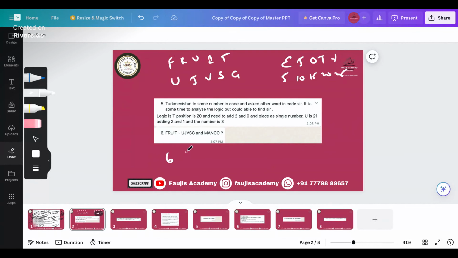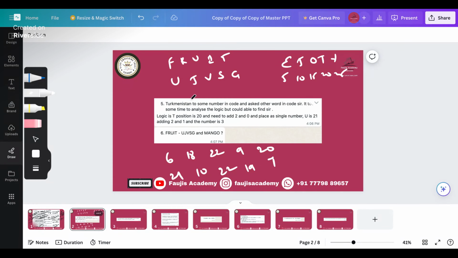RST is 18, 19, 20; STU is 21. FRUIT: I is 9, T is 20, U is 21, J is 10. S, T, U, T, U, V: TUV is 22, and S is 19, and G, E, F, G is 7.